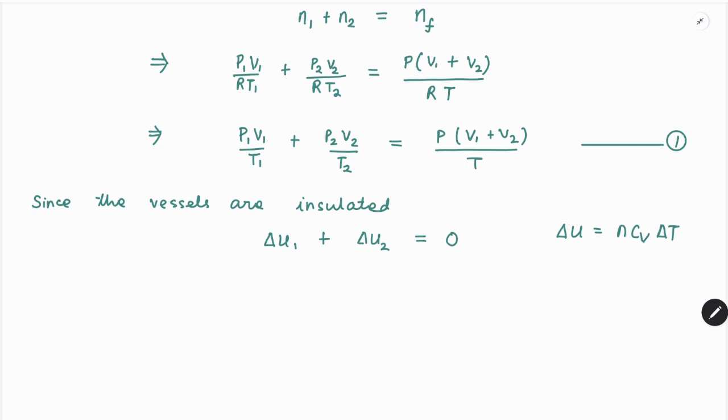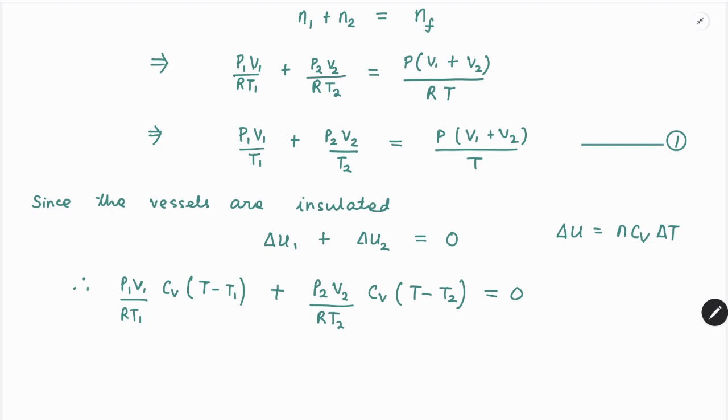Over here in place of N we are writing PV by RT. So the expression for the first part will become P1 V1 by RT1 CV, that is N CV, times the temperature difference T final minus T initial, plus P2 V2 by RT2 CV, T final minus T initial, and this is equated to 0.